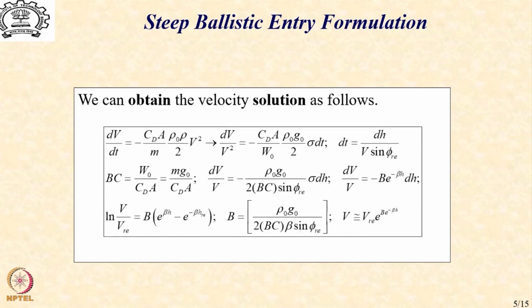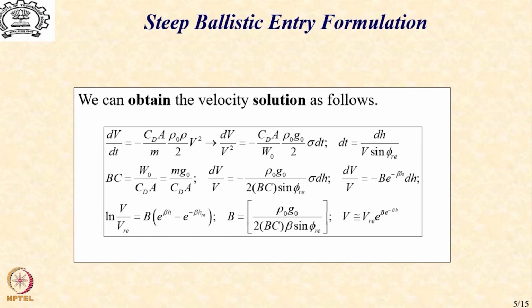So we can write dv by dt in this form. So we can write on the left hand side dv by v square in terms of the various constants such as drag coefficient, the frontal area A, W naught, which is the weight of the vehicle, and before we write the final expression, there is an important definition that I introduce called the ballistic coefficient, written as BC, which is the ratio of the weight W naught divided by CD into area.